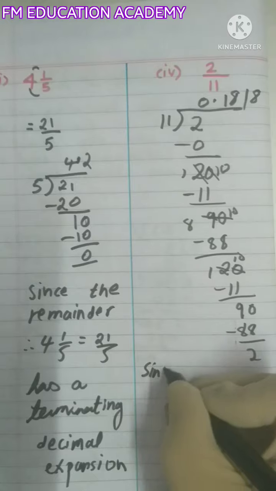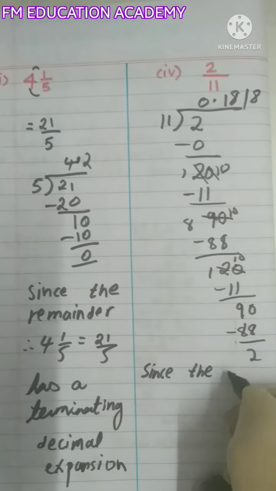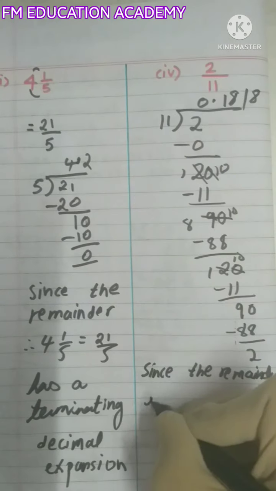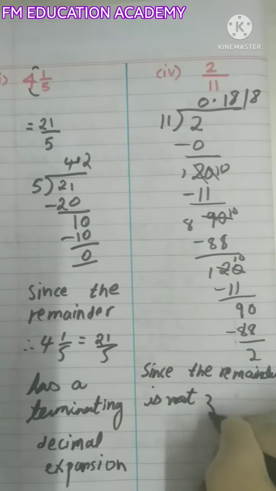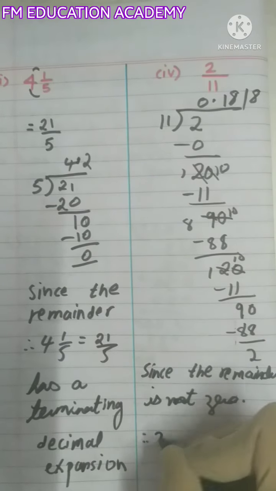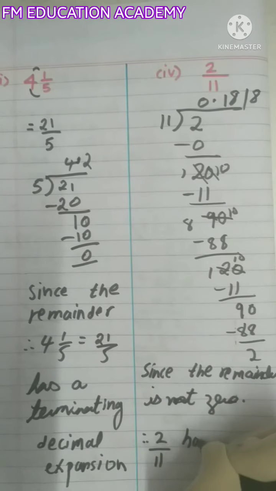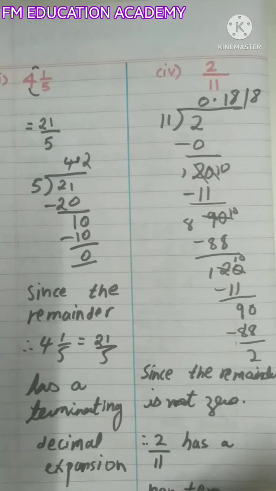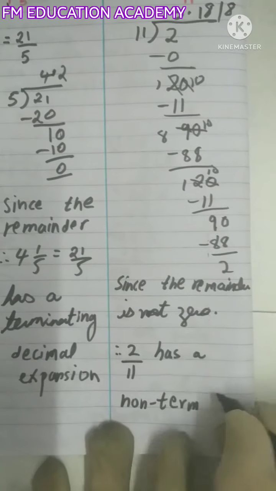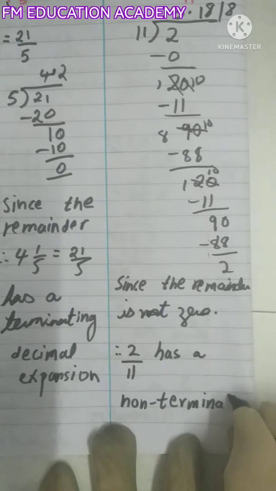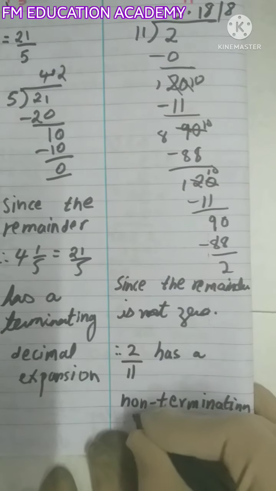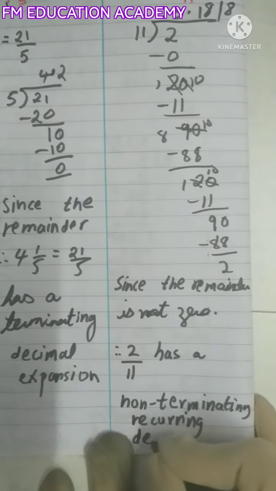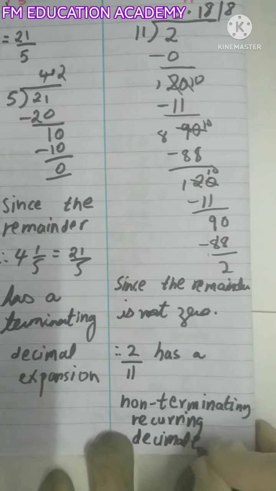Since the remainder is not 0, therefore 2 by 11 has a non-terminating recurring decimal expansion. Recurring means repeating, remember it.